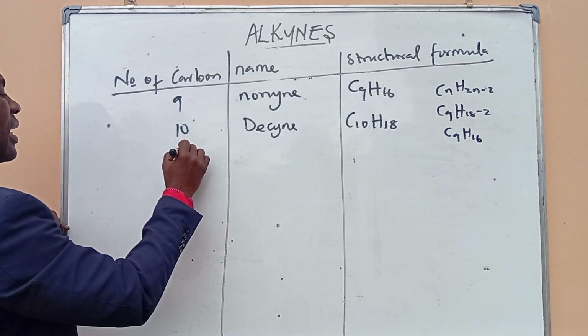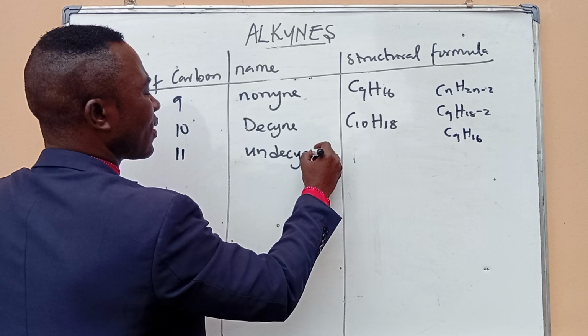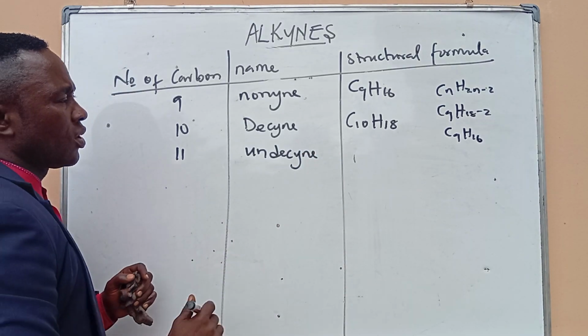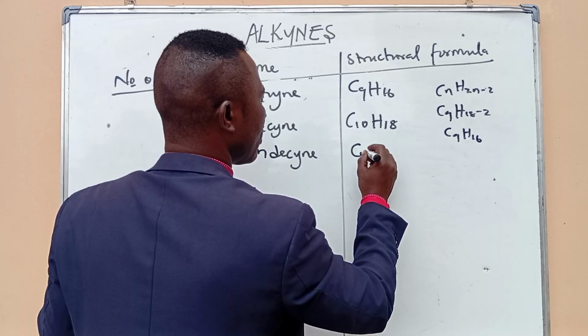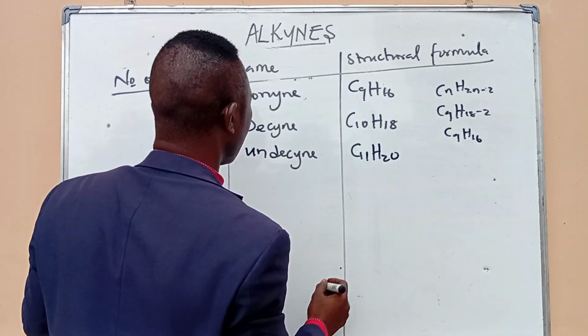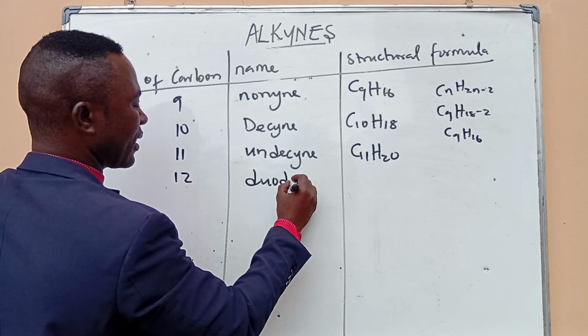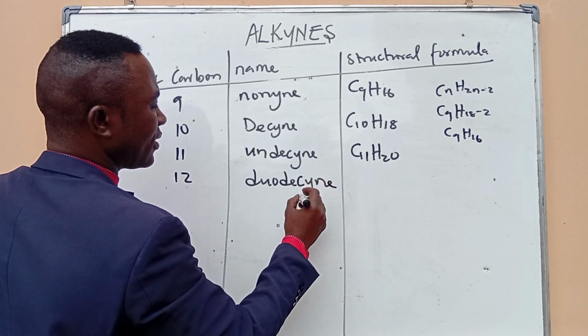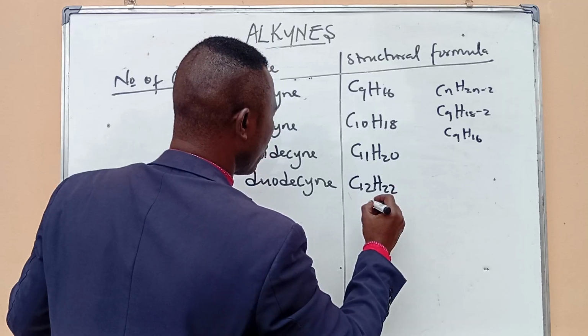Then we have the 11th, undecyne, which is C11H20. Then number 12 is dodecyne. Dodecyne is C12H22.